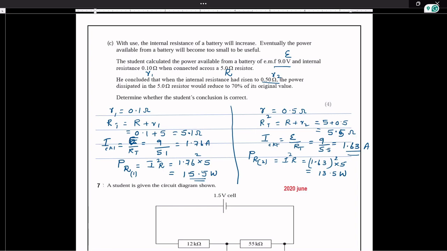On calculation you can see that 70% of P1 is less than 13.5. Therefore, the student is incorrect.